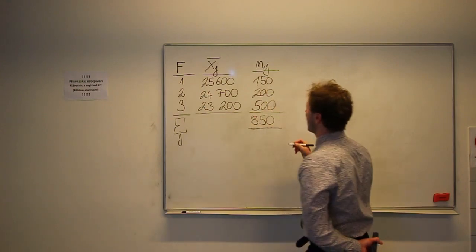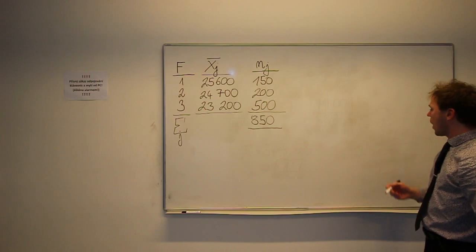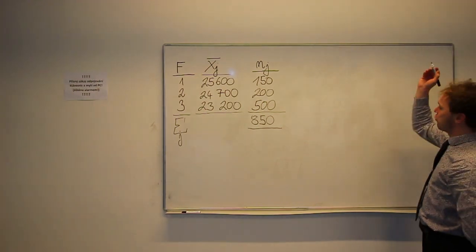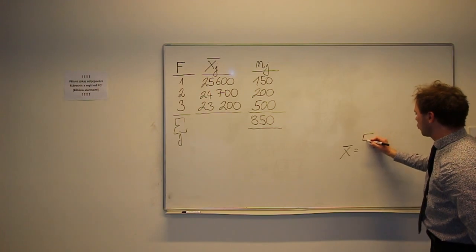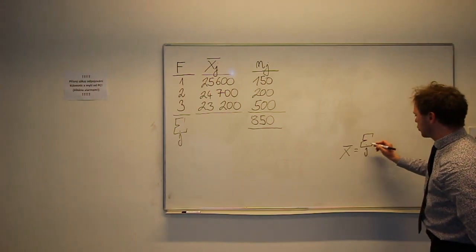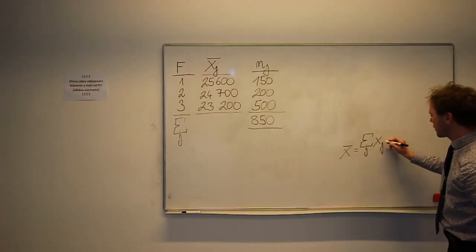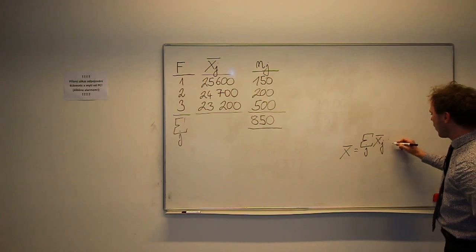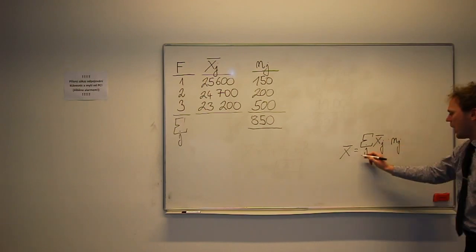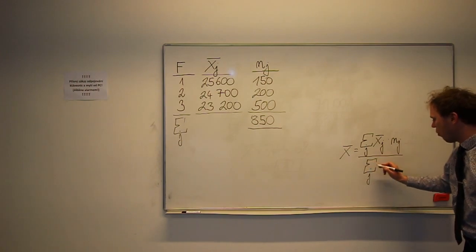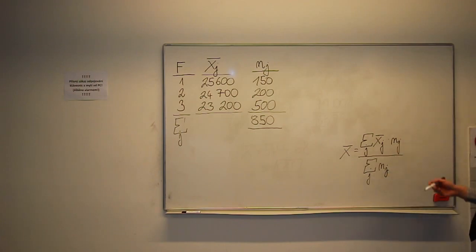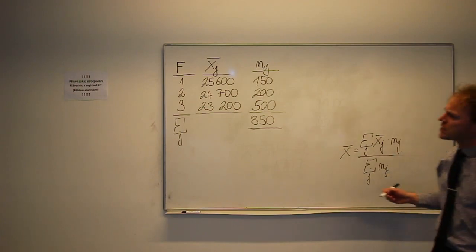850. And now, according to our well-known formula, X with stripe is equal to summation through all J, XJ with stripe weighted by NJ, divided by summation through all J of NJ. We are able to calculate the total mean, yes.